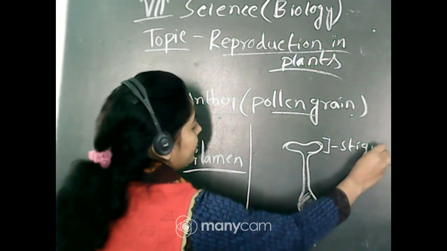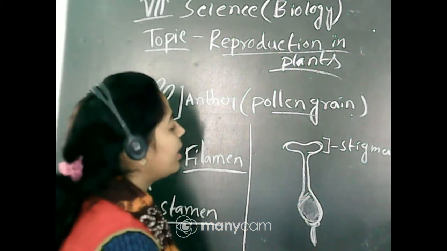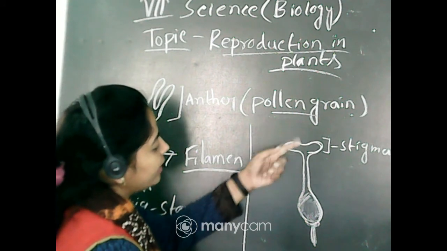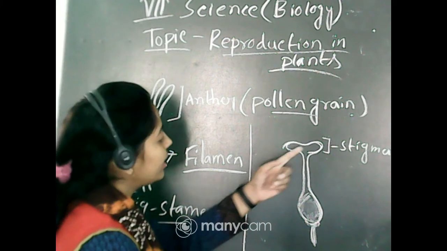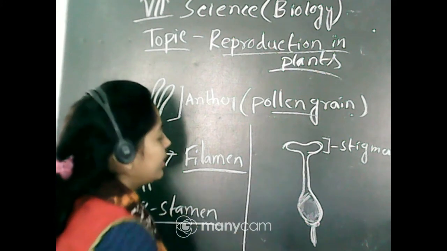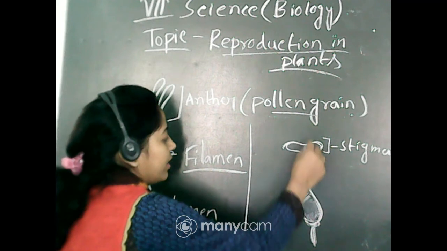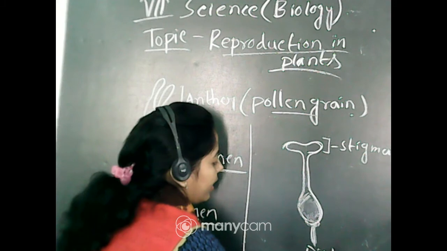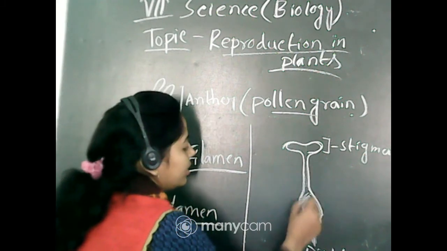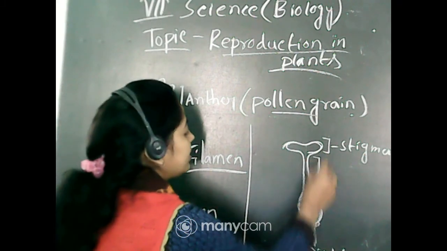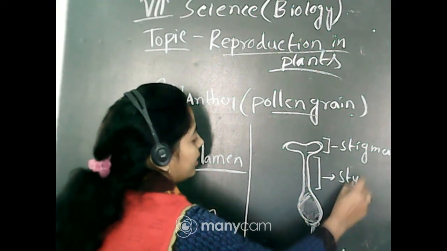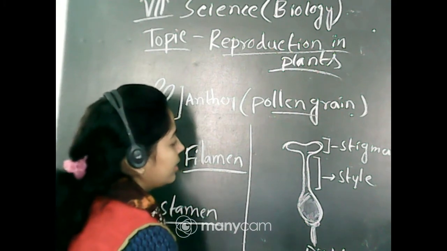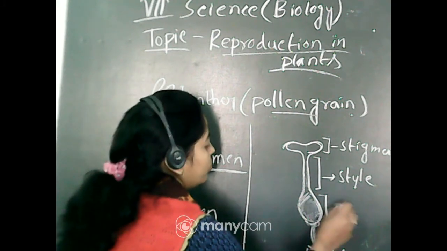The stigma is the main receptive part, where the pollen grain reaches and adheres. It makes a tube that goes inside the pistil, and further to the ovary. This structure is known as the style, stigma, style, and this portion is known as the ovary.